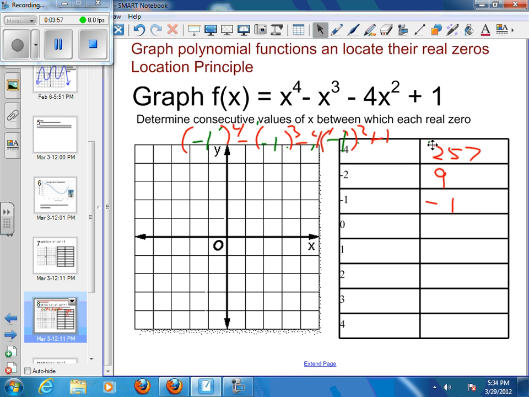I'm going to keep working my way through this equation. So I'm going to take out the -1 and put in a 0. All those x values should come off, and I should end up with a positive 1 here. And then I'm going to put a 1 in there.